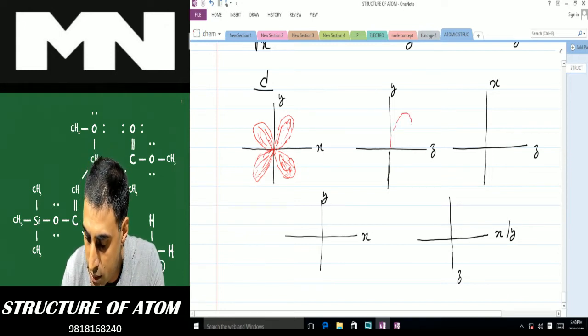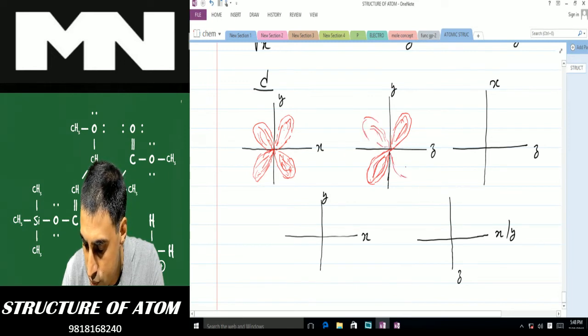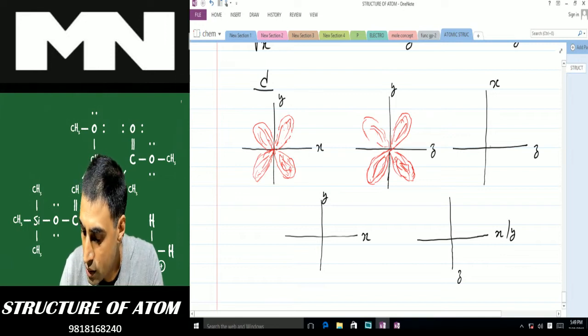Likewise, in YZ plane also, in this plane also you have got 2 dumbbells. One is this, and another one is like this. So here you have 2 dumbbells. Here also you'll have 2 dumbbells.